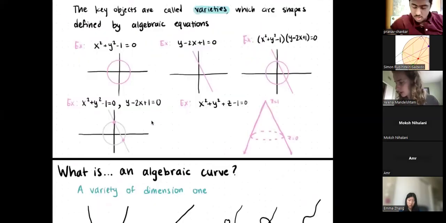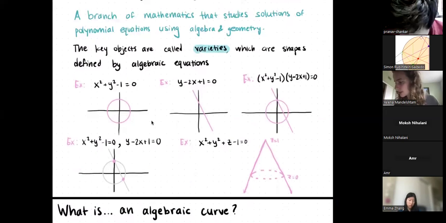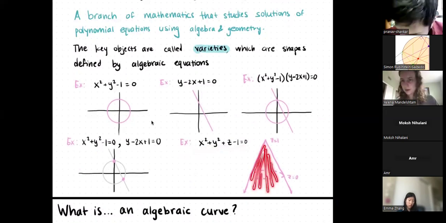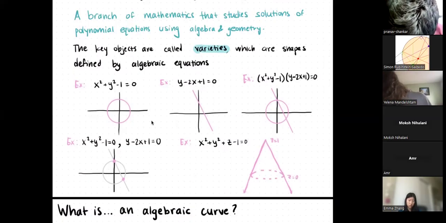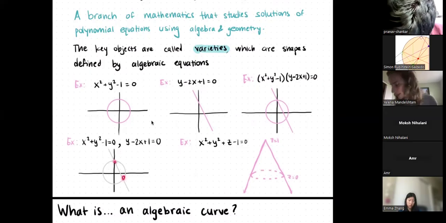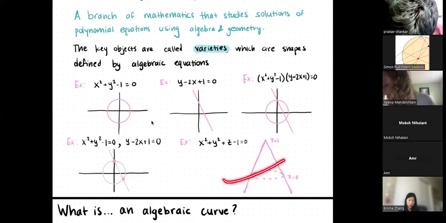Here you see we started in a three-dimensional space. We have one polynomial, and we end up with something two-dimensional. If we added another polynomial, most of the time it would cut this. As you can see, if we have multiple polynomials, we look at where they intersect. So we can cut it by another polynomial.